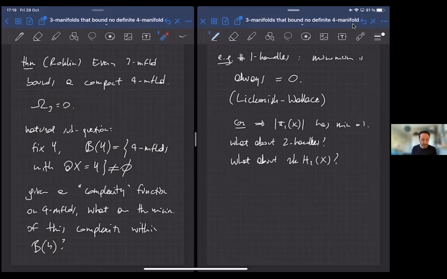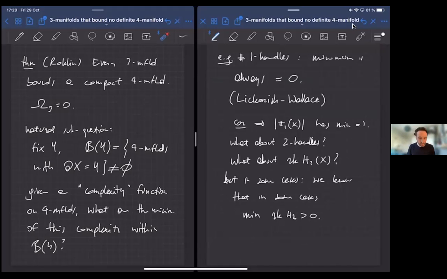And a lot of these questions, as far as I know, are completely open, except that in some cases we know, for instance, that the minimum rank of H2 has to be strictly positive.